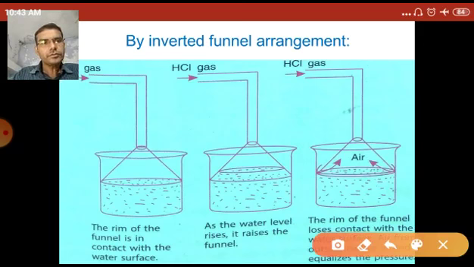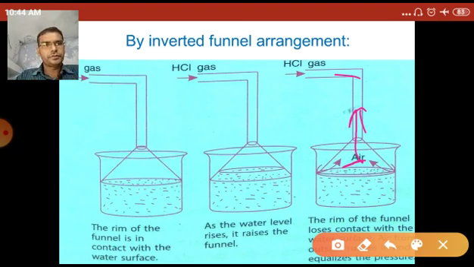H2SO4, because by the inverted funnel arrangement the air rushes in, which equalizes the pressure in the delivery tube and the funnel.